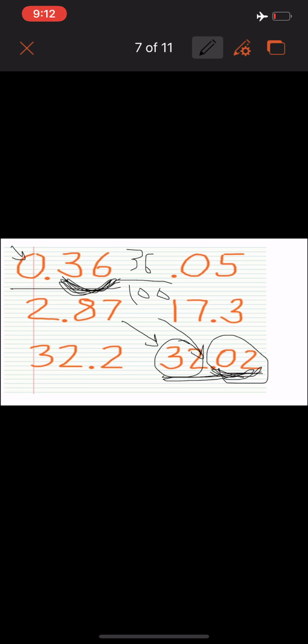So I will write it as a fraction: 32 whole and my fraction is 2 hundredths. Actually this is the whole and this is the fraction. How can I write it? 2 out of 100. Done?